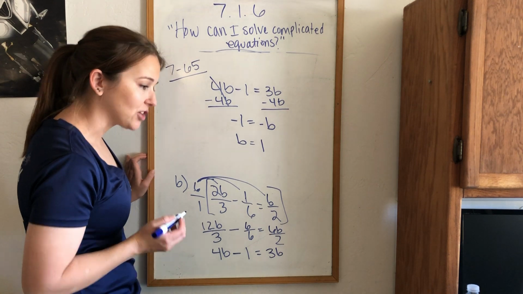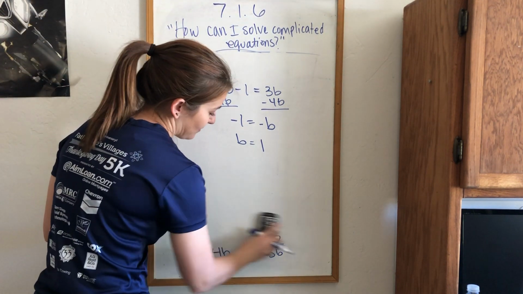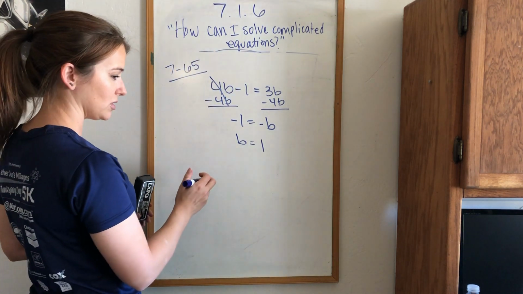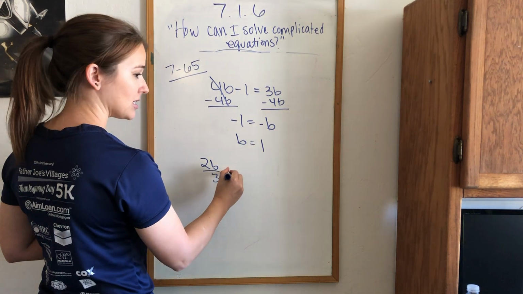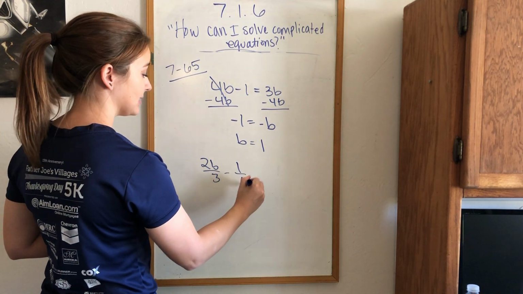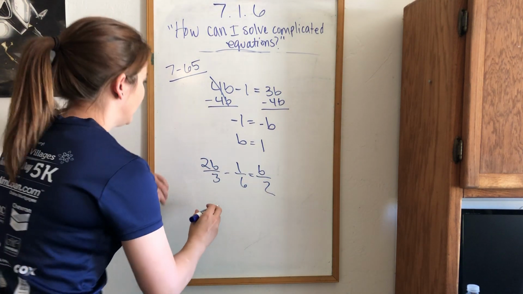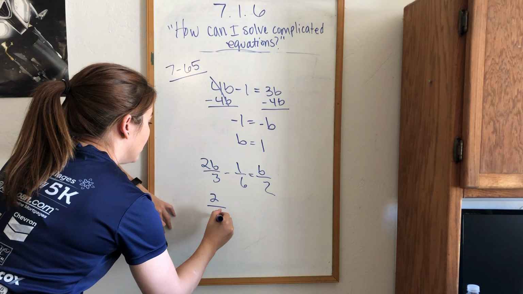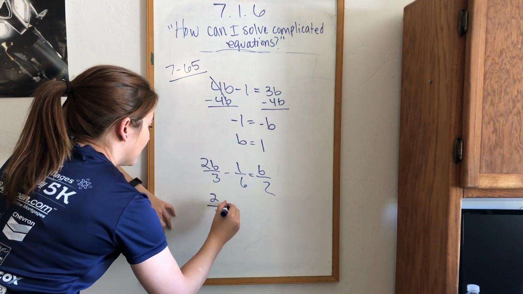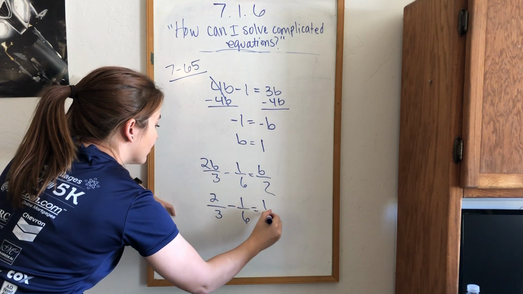Now it says check your answer. So let's plug that back into the original equation, which was 2b over 3 minus 1/6 equals b over 2. Plug in that 1 for b. 2 times 1 is 2, so 2/3 minus 1/6 equals 1/2.